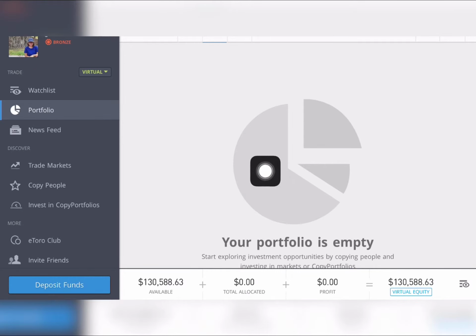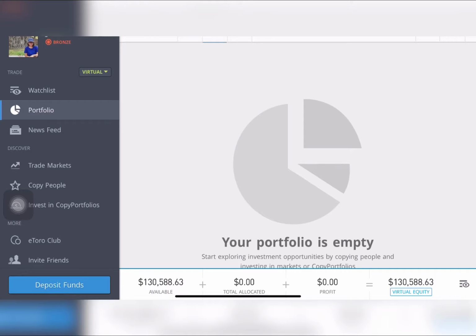After you register, you will be in this type of portfolio, your platform. Okay, so here it says deposit fund, but okay, relax guys, you don't need to deposit funds immediately. No rush. What you need to do is get familiarized with the platform, know and practice how to trade and invest.